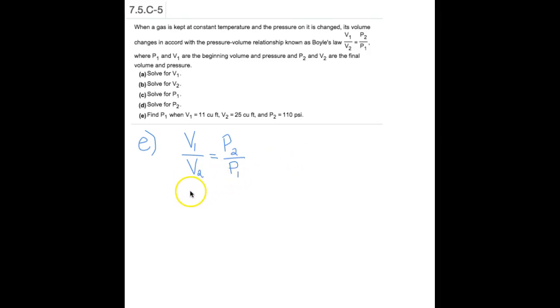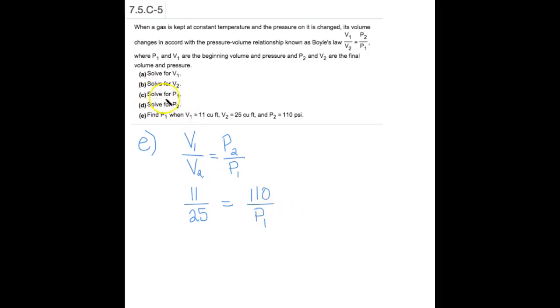In this problem, you can just go ahead and plug everything in. So V sub 1 is 11 over V sub 2, which is 25, and on this side we have P sub 2, which is 110 psi, over P sub 1, which is what we're looking for.